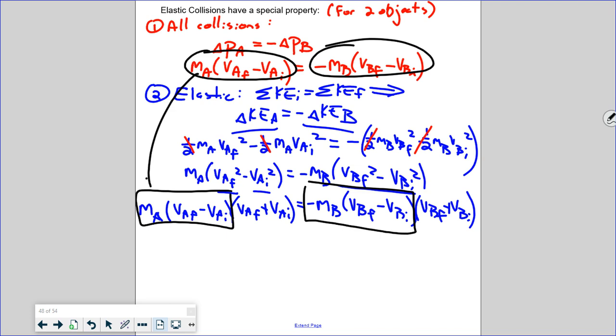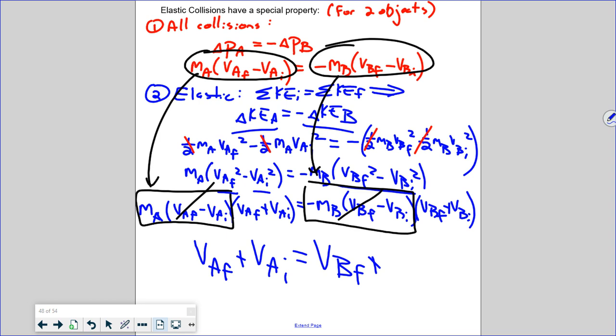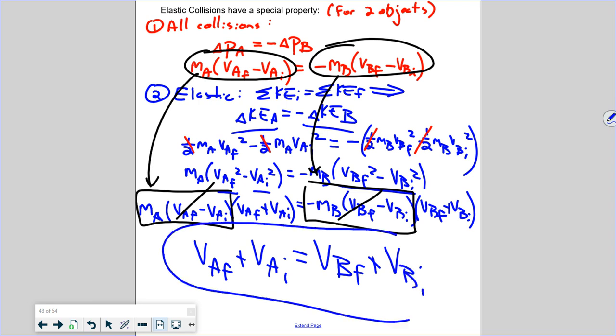So divide both sides by this, and they cancel out, which leaves us with this: the velocity of A final plus the velocity of A initial is equal to the velocity of B final plus the velocity of B initial. That is super important. That is true only for elastic collisions.